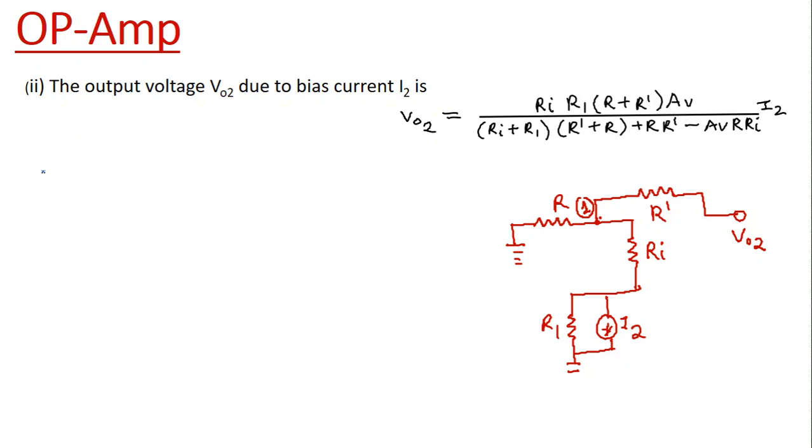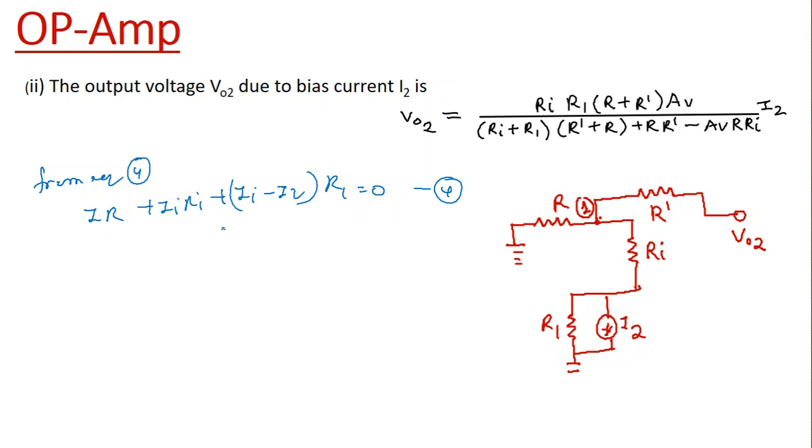So from equation number 4 we have IR plus IIRI plus (II minus I2) into R1 is equal to 0. This was equation number 4. Now we put II's value here.